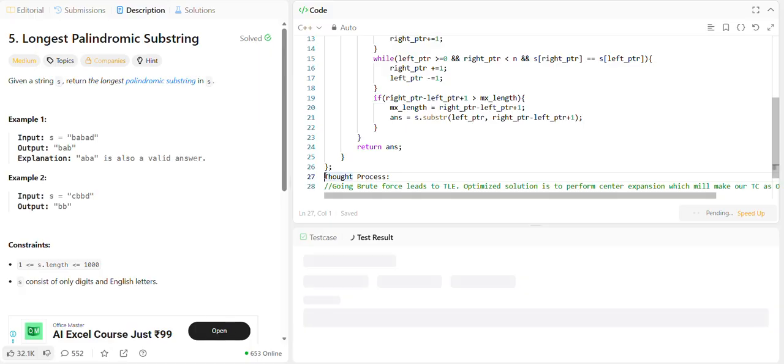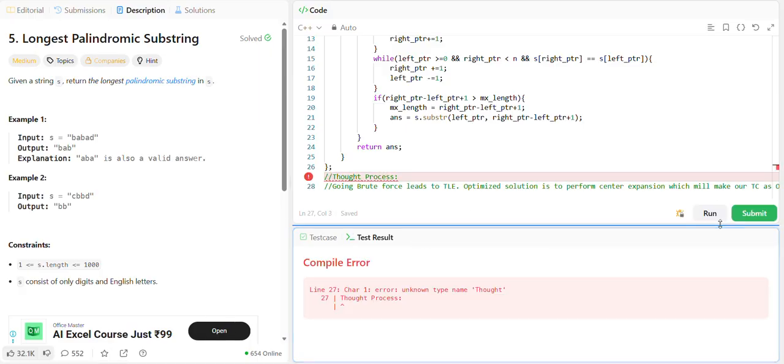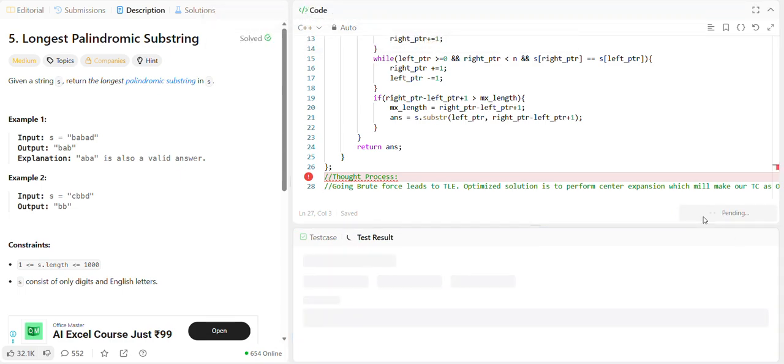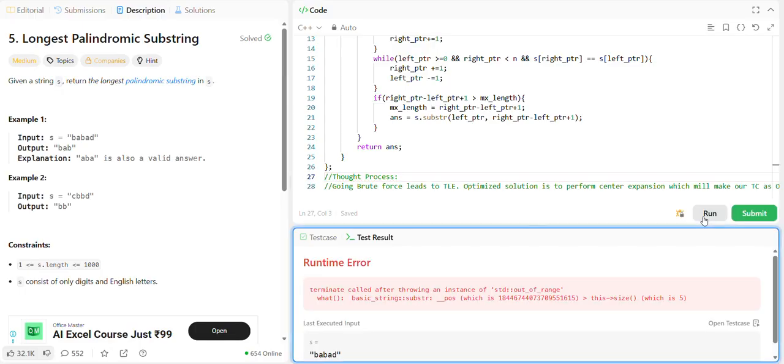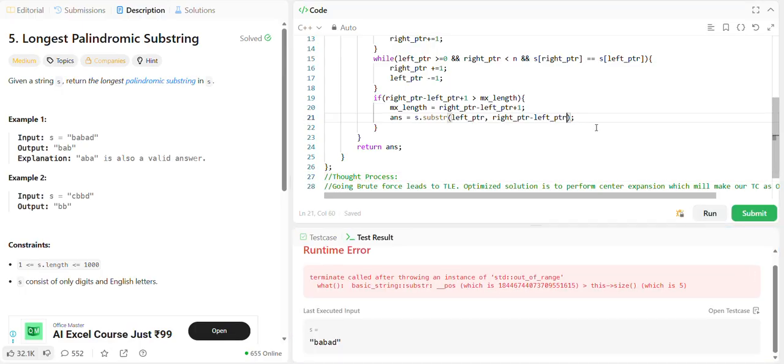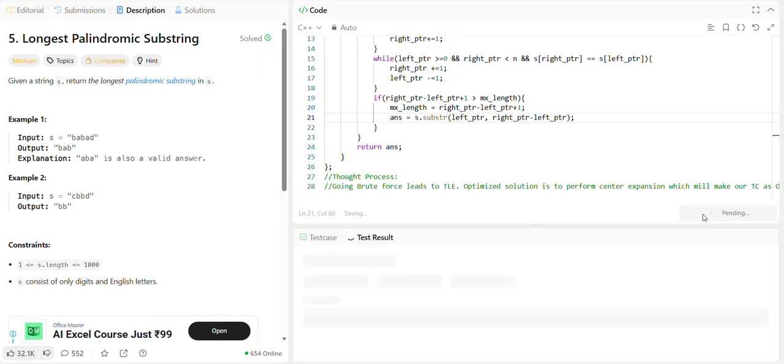Okay, let's mark it. Run. Okay, I think it is like this. Let's try this thing.